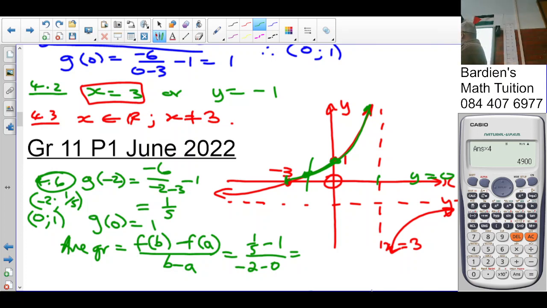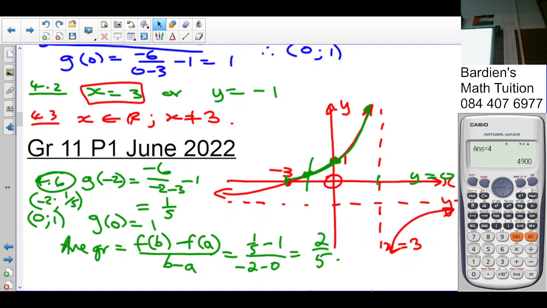So that gives you 2 over 5. It's a very gentle gradient, it's a low gradient. What does that mean if they ask you to interpret that answer? The graph increases at the rate of 2/5.